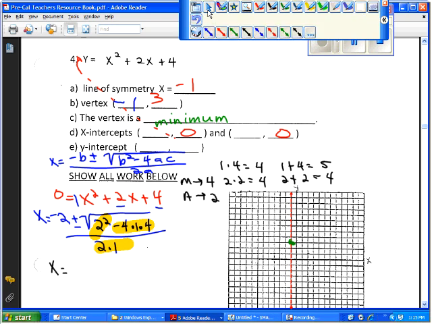And so we're going to have x is equal to negative 2 plus or minus the square root of 2 squared is 4. Now 4 times 1 is 4 times 4 is 16. But when you multiply with an odd number of negatives, the answer is negative. Over 2 times 1 is 2.